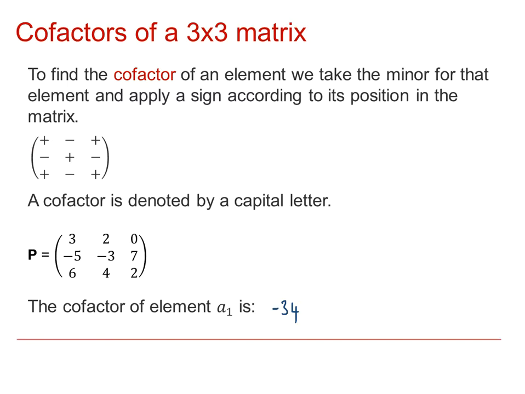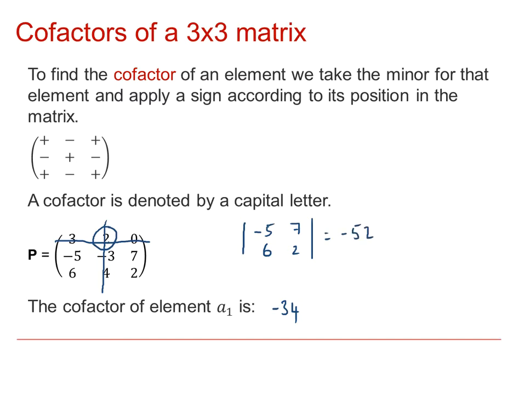If we looked at B1, however, so that B1 is this element here, what we need to do is to eliminate the row and the column and find the determinant of the little matrix. So the determinant of -5, 7, 6 and 2, that's equal to -10 minus 42, so that's -52.